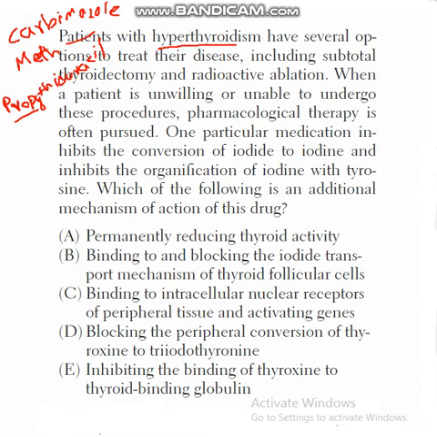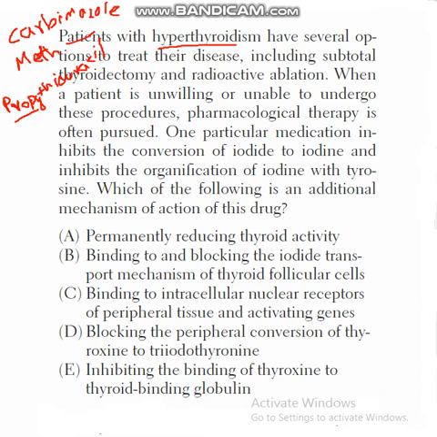So among all these medications, they inhibit the peroxidase enzyme, and the peroxidase enzyme present in the follicle cell of the thyroid gland helps in the conversion of iodide to iodine, and the organification of iodine with tyrosine in order to form thyroglobulin, which is responsible for the formation of thyroid hormone.